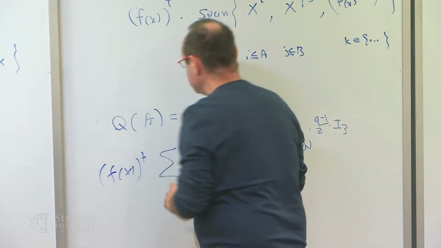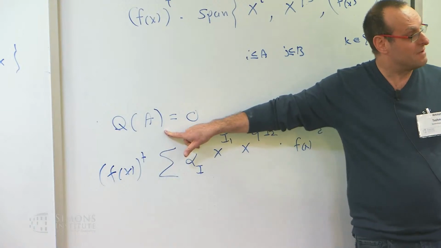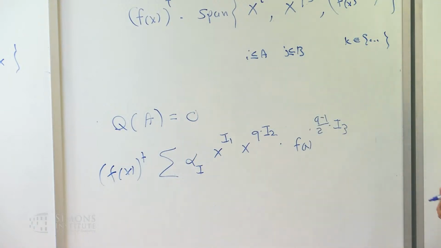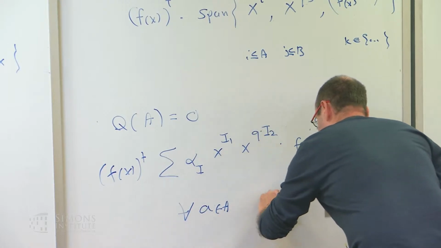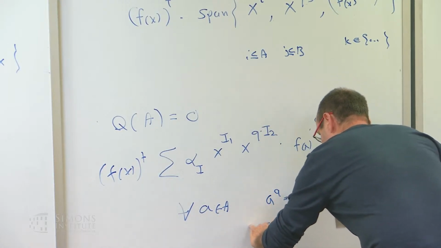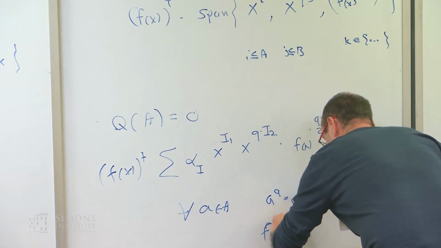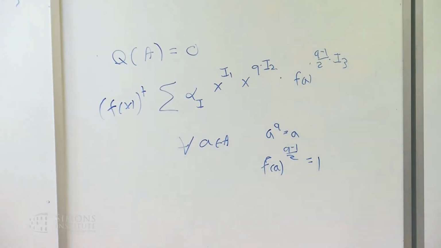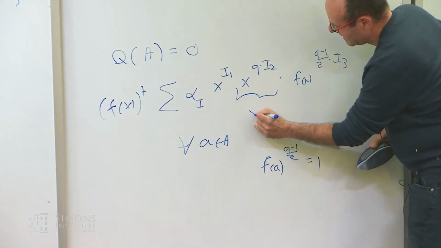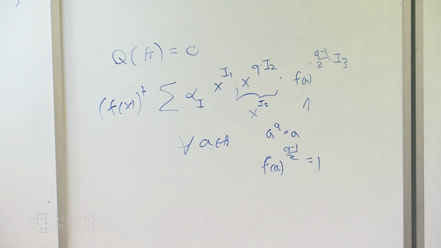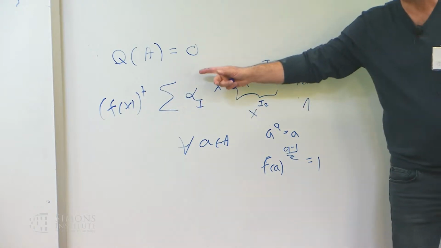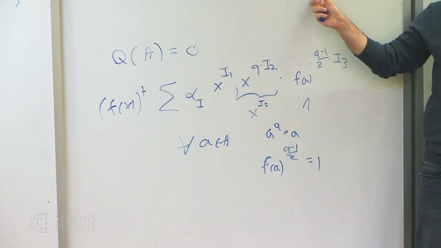But we are only interested in elements that come from a variety, so we know that for every a in A, a^q is a, and f(a)^((q-1)/2) is 1, right? So this is actually x^(i2), and this is actually 1. So this whole thing lives in a very low dimensional space of dimension only A plus B.